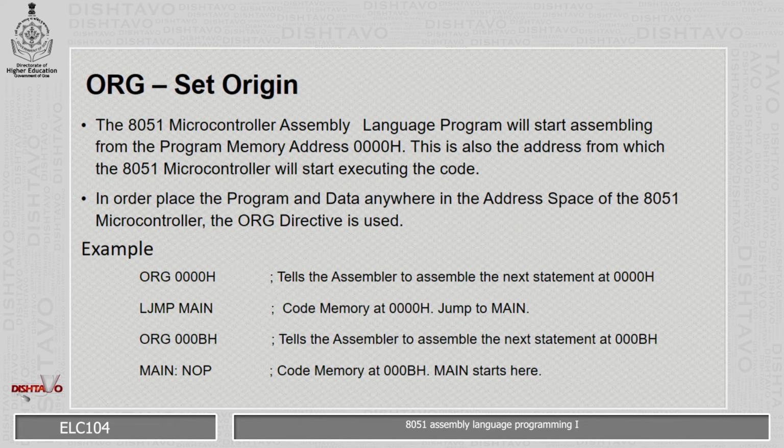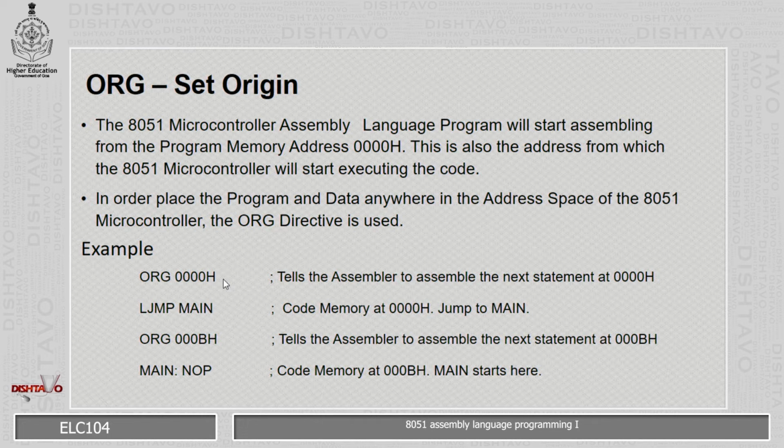Let's see the first directive, which is very commonly used in almost all programs. It is called ORG, or set origin. What is the meaning of set origin? We'll straight away see a program example. Here, the first instruction written is the assembler directive ORG 000H.